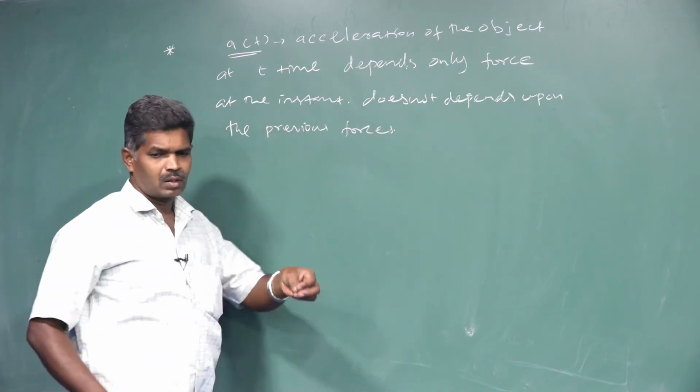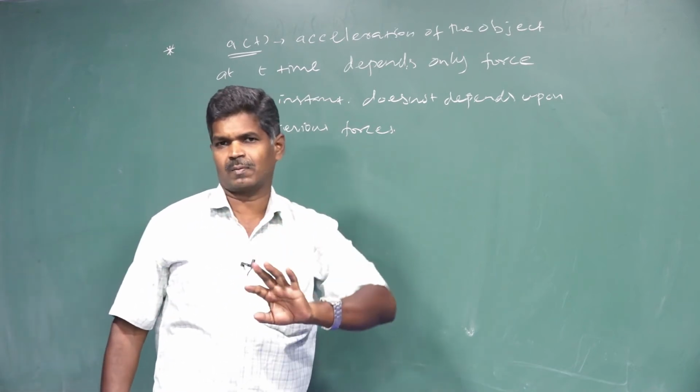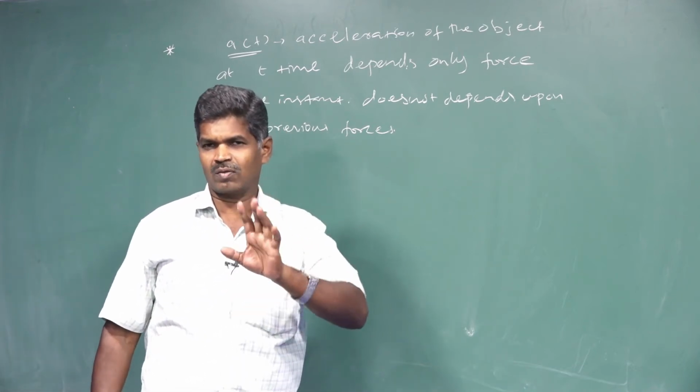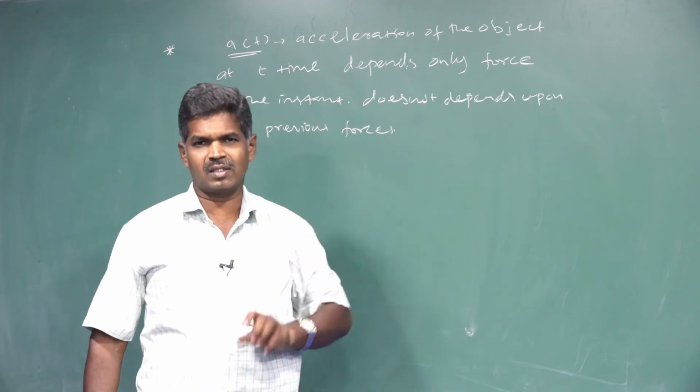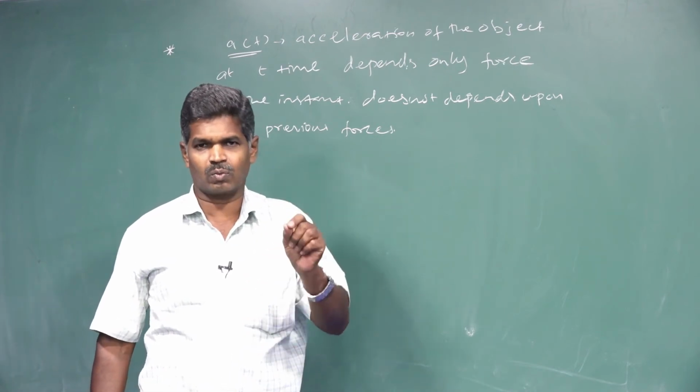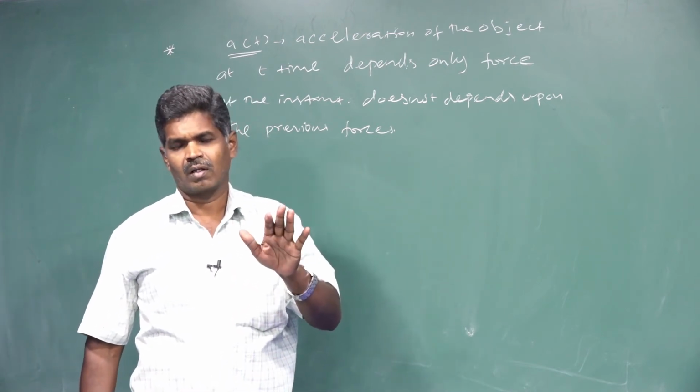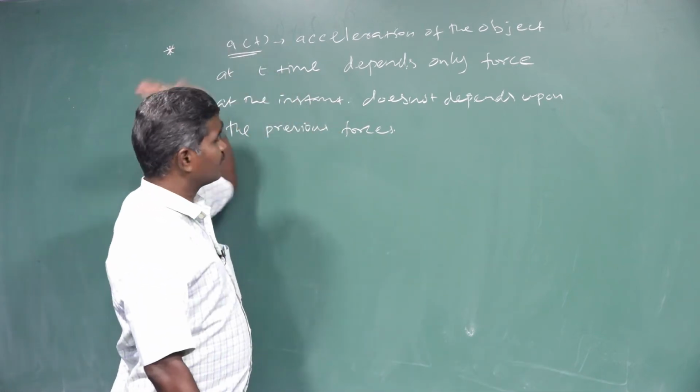Previously, some greater or lesser force may have acted. That force will not alter the acceleration at the instant. At the instant, whatever amount of force is acting, based on that we have the acceleration.